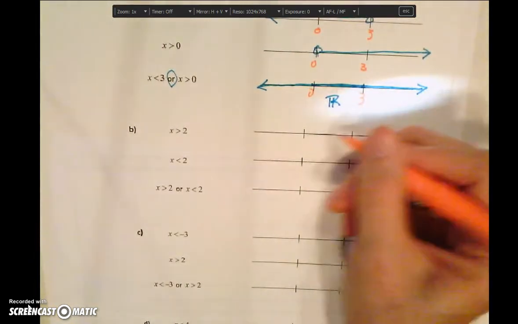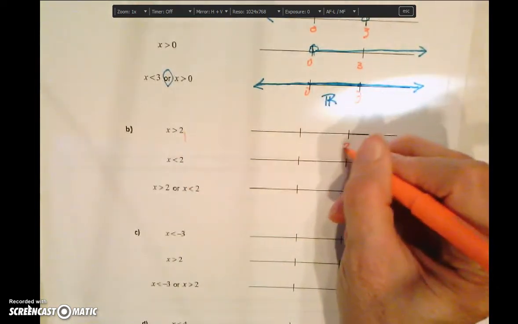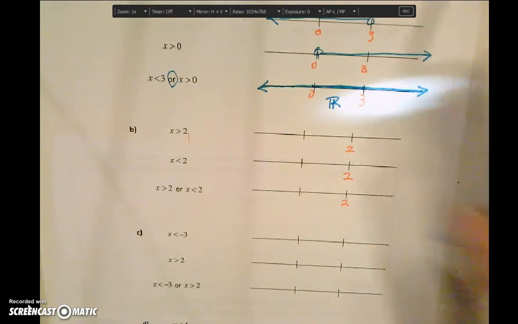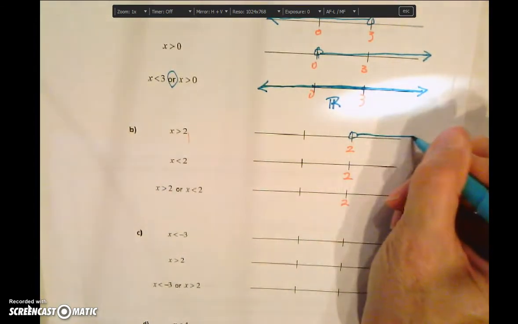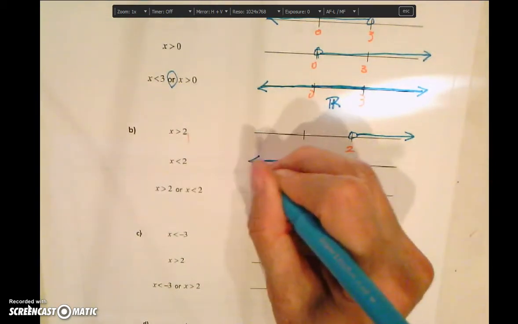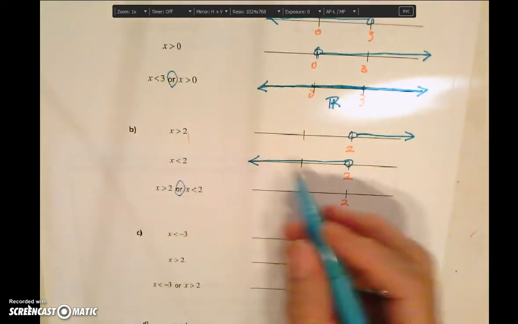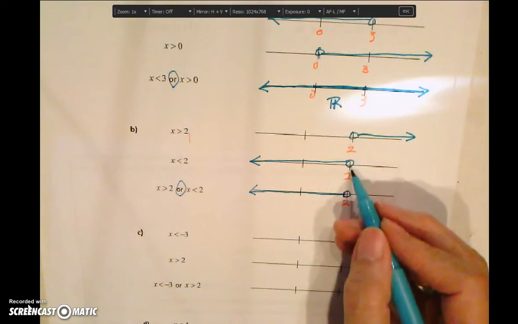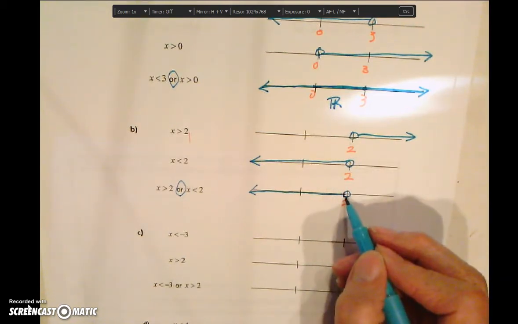B, I have just the number 2 on this one, so I'm just going to use one of these spots. And then I have that x is greater than 2. I have that x is less than 2. And when I do my or and I combine the first one with the second one, you notice 2 is not in either one of them, so it's an open dot.